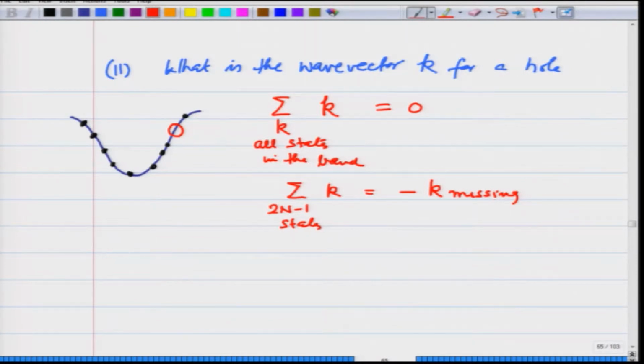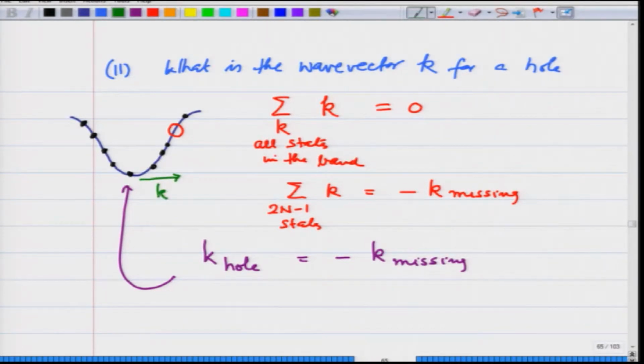Since I want to represent these 2n minus 1 filled electron states by the missing electron, or by the hole, I can say the k of the hole is equal to minus k missing. If I go back to this picture of the band, if this is the k electron, the state where the electron is missing from, here is k hole. K hole is minus k of the missing electron.